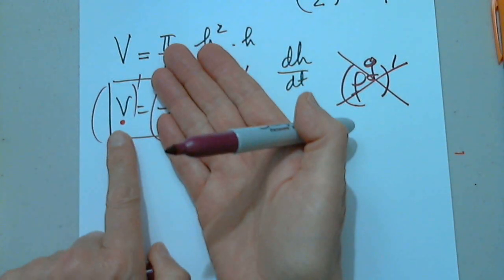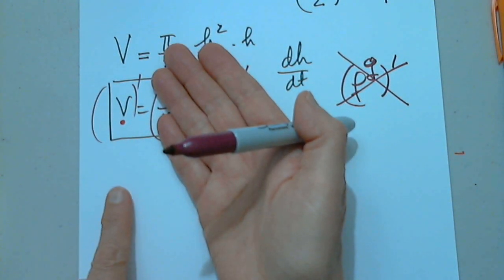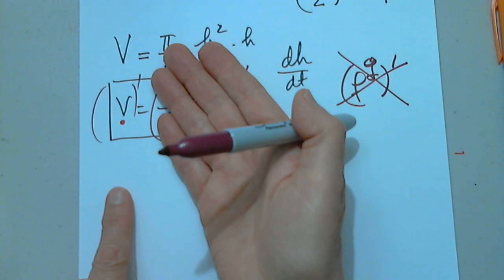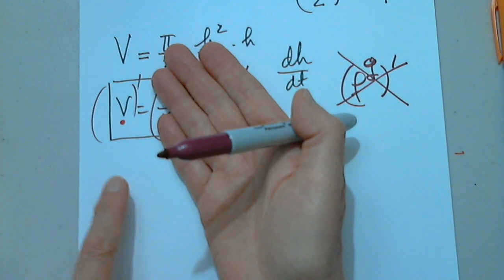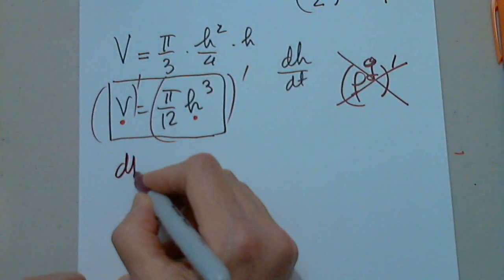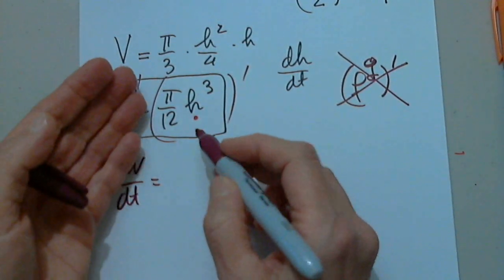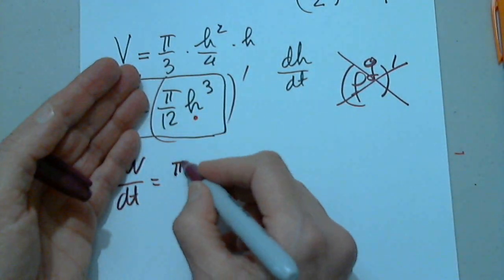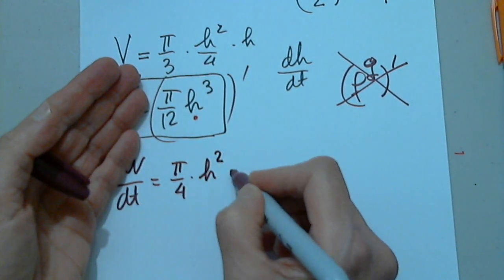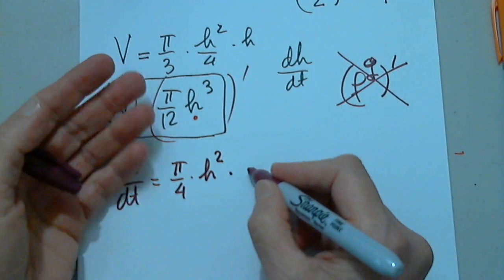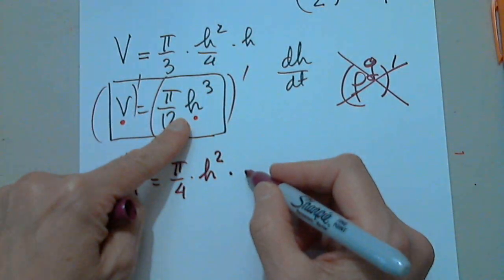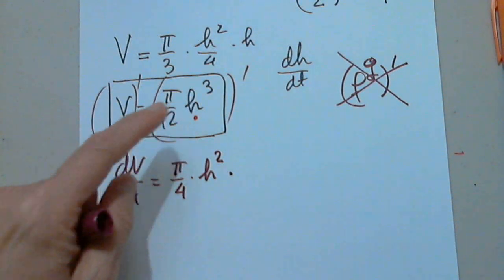So we differentiate the left-hand side. dv over dt. Of course. Pi over 12 with a 3, it's pi over 4 times h squared times dh dt, of course.